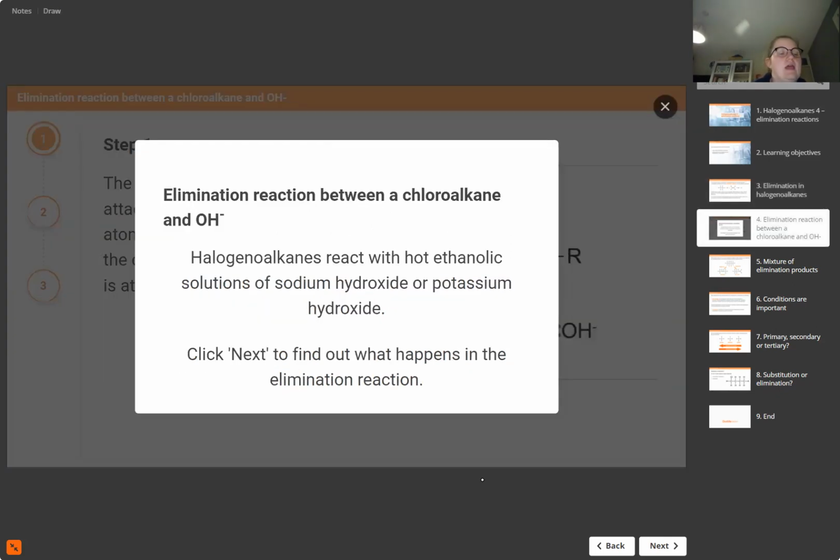So what we're going to have a look at is the elimination between a chloroalkane, so a hydrocarbon that contains chlorine, and hydroxide. So halogenoalkanes react with hot ethanolic solutions of sodium hydroxide or potassium hydroxide, which is what we've already talked about.